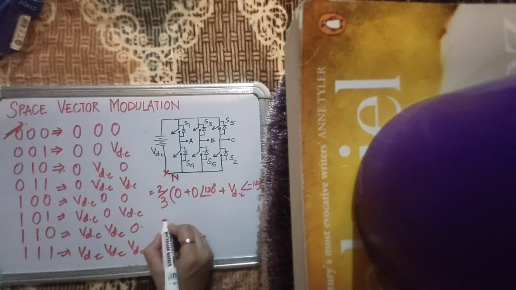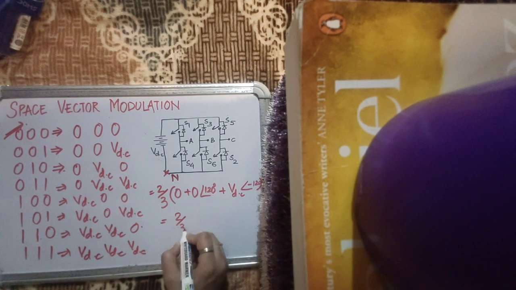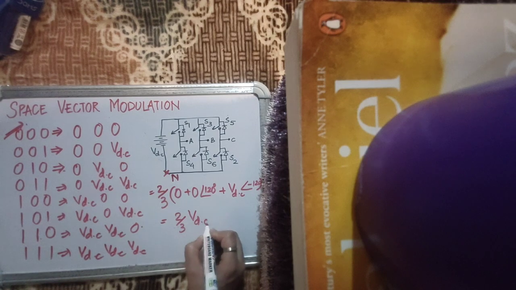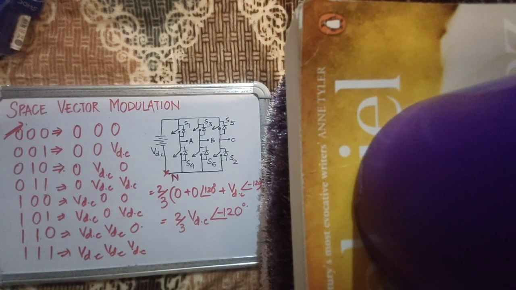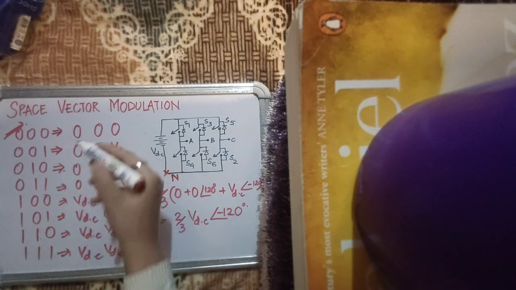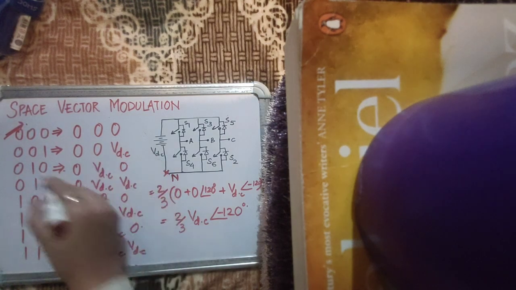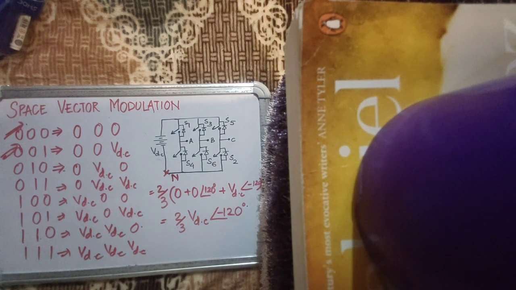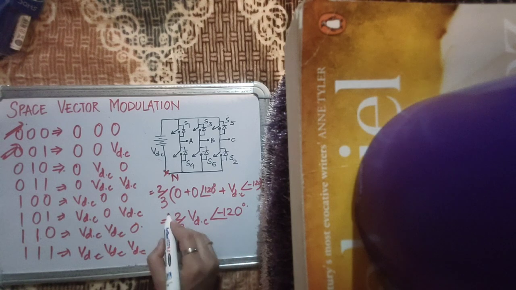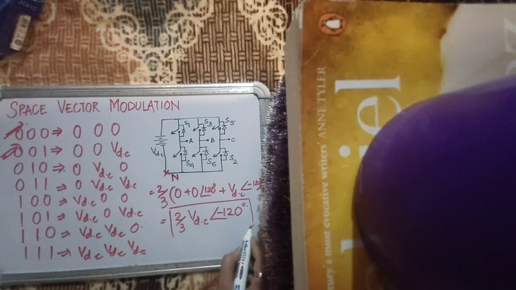So in this case, my space phasor is 2/3 VDC at an angle of minus 120 degrees, right? Similarly, you can go on and calculate. I'm sure you can do it. I would suggest you calculate for all the switching states what will be the magnitude and the phase of your space phasor, right?